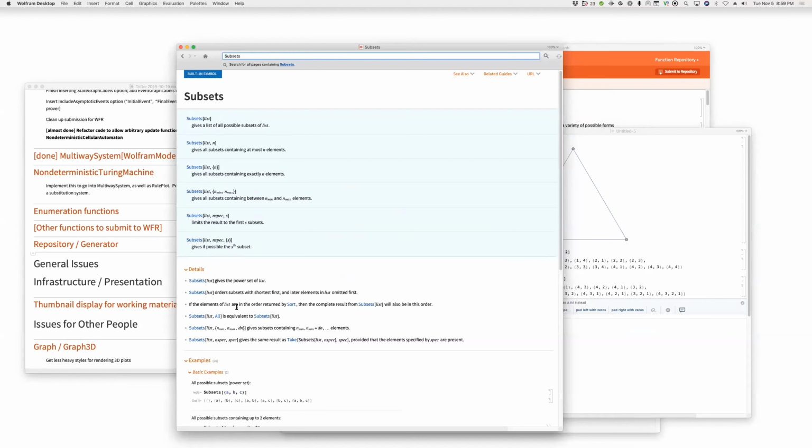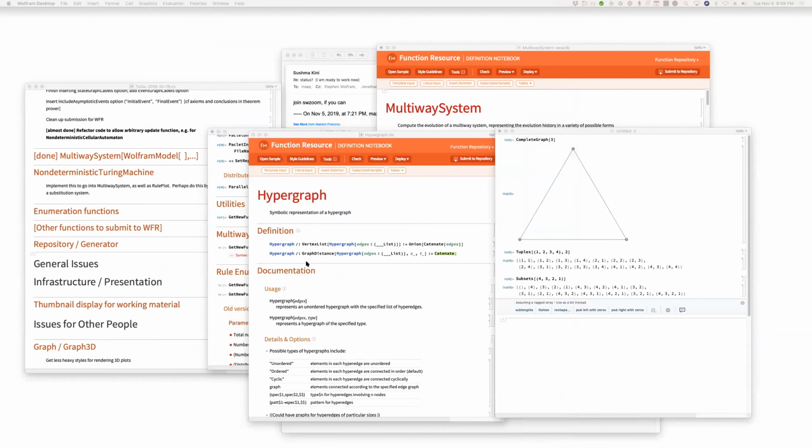The elements of the list are in the order returned by sort. Okay, essentially it's saying that it's undefined, those original elements are not sorted. Yeah, I think we have to write something that does this. Okay, but in any case, it's clear roughly how we do this, right?